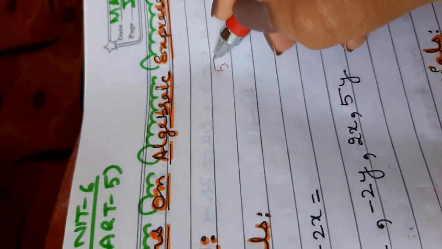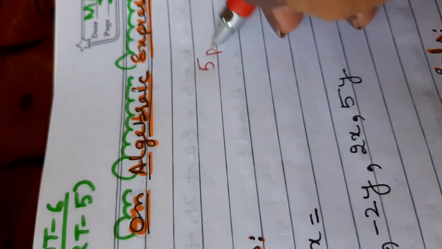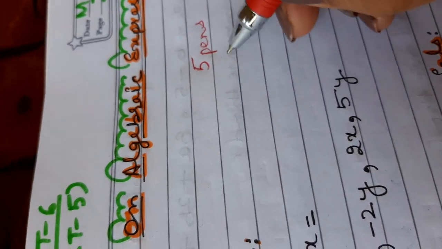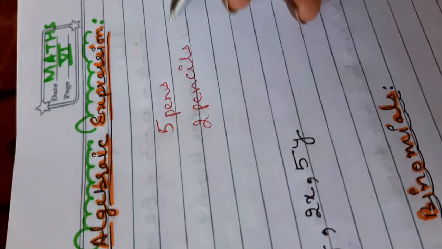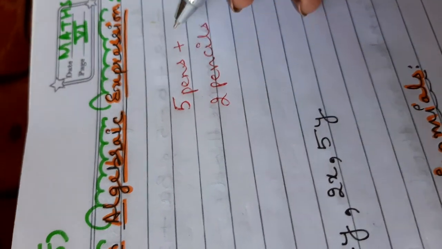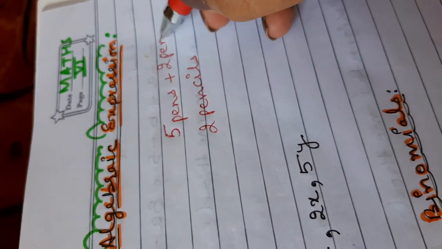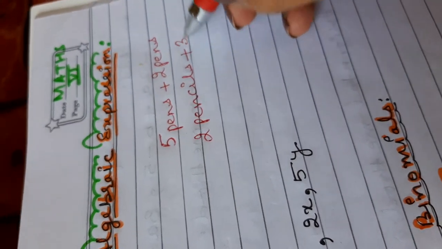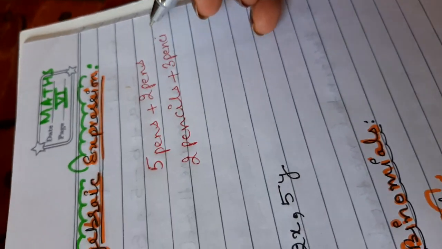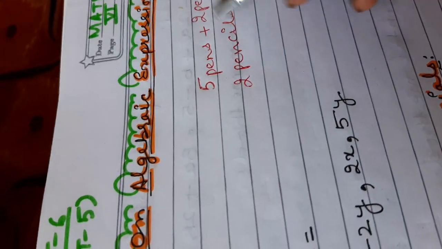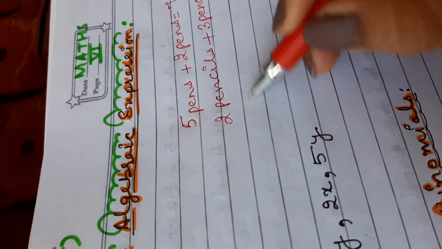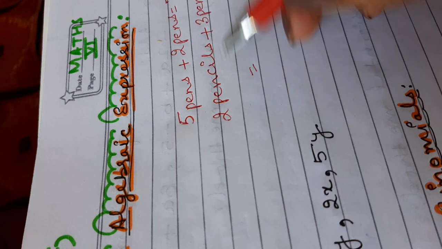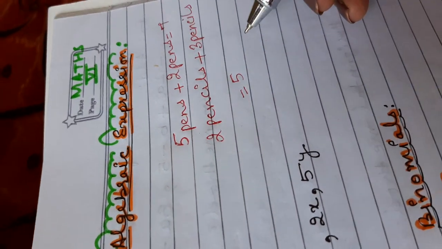Like if I have 5 pens and 2 pencils, if I add or buy 2 more pens and 3 more pencils, then the total pens I have are 7 pens and total pencils I have, 3 plus 2, is 5 pencils.